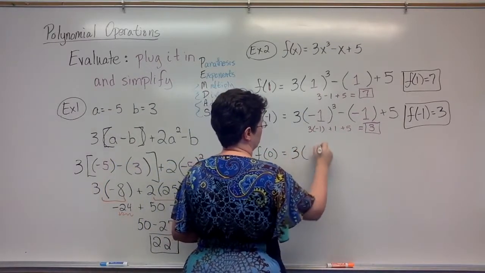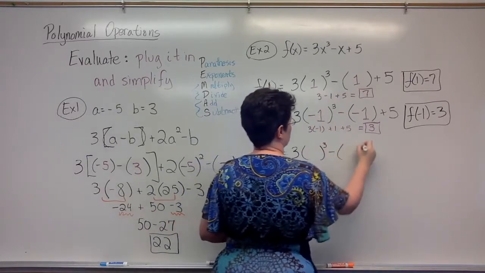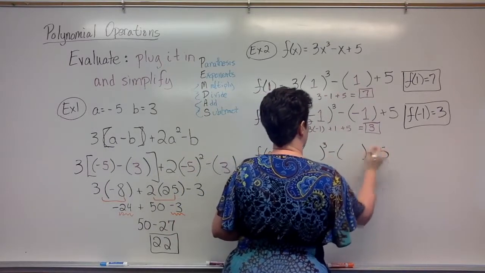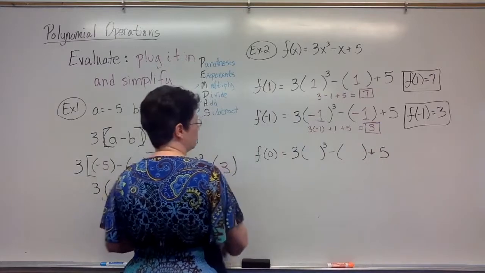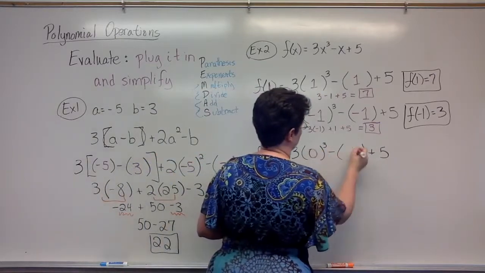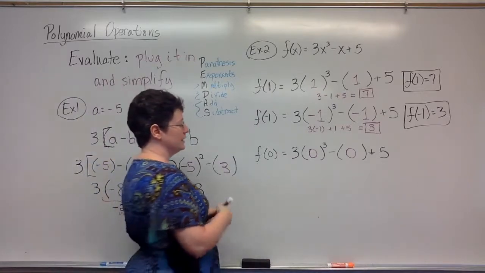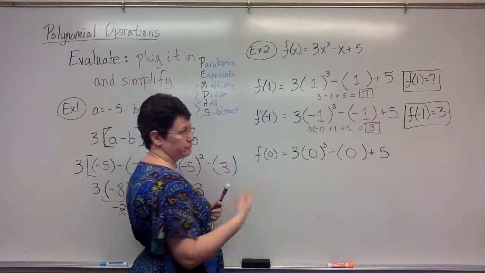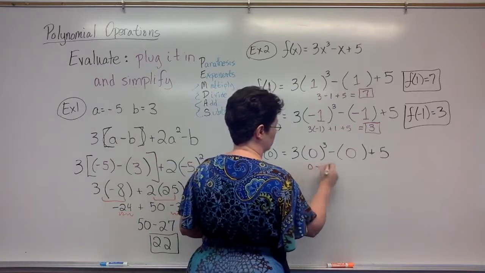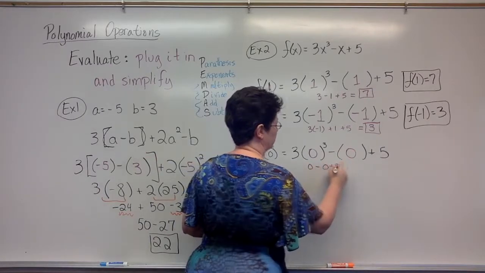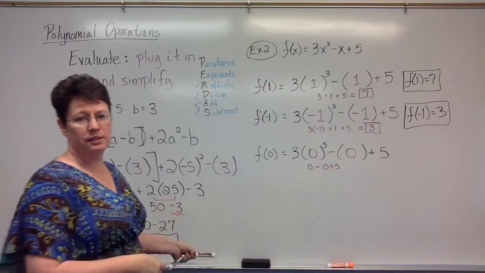So I have 3 parentheses cubed minus parentheses plus 5. I know, you probably went through and just went ahead and wrote your zeros. That's cool. You can do that. All right, 0. 3 times 0, 0. Minus 0, plus 5. What is it?